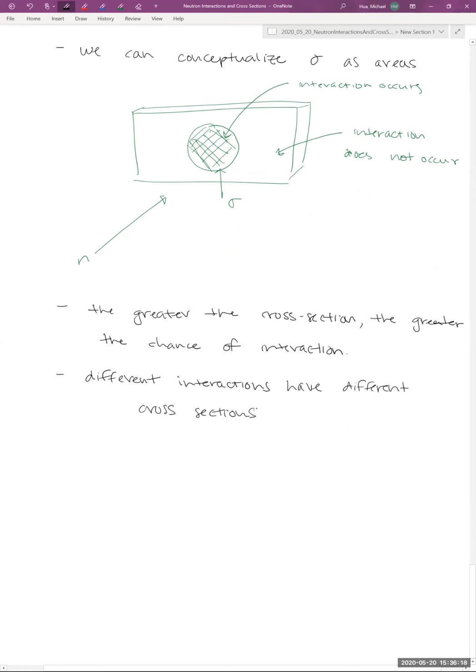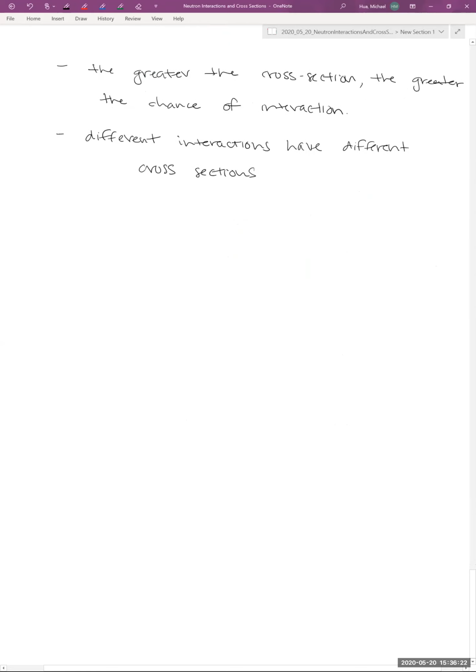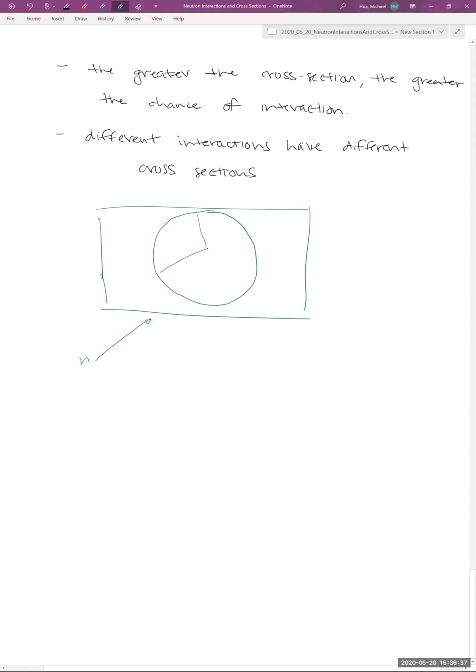So the way that we can think about this is we can take our picture above and redraw it. So we'll have a neutron coming in, and our shaded region gets divided up.